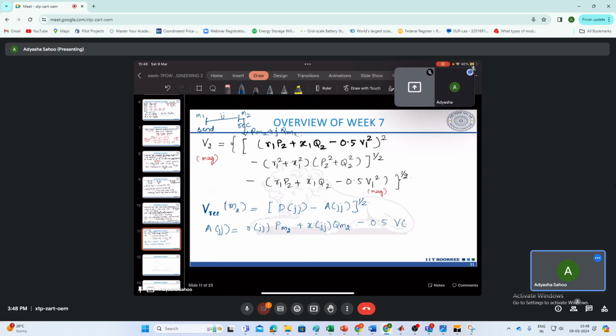So VM1 square, and Tjj will give us Ajj square minus (R square plus X square) into (P square plus Q square), whole to the power of half.